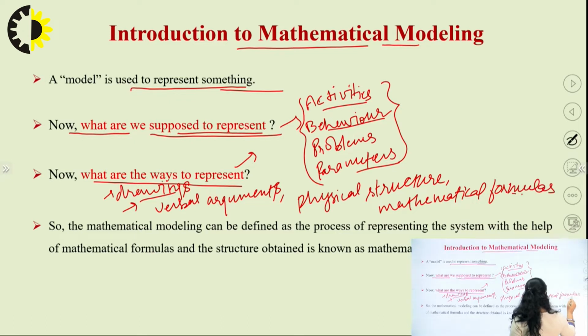Okay, so these are the different ways to represent something.